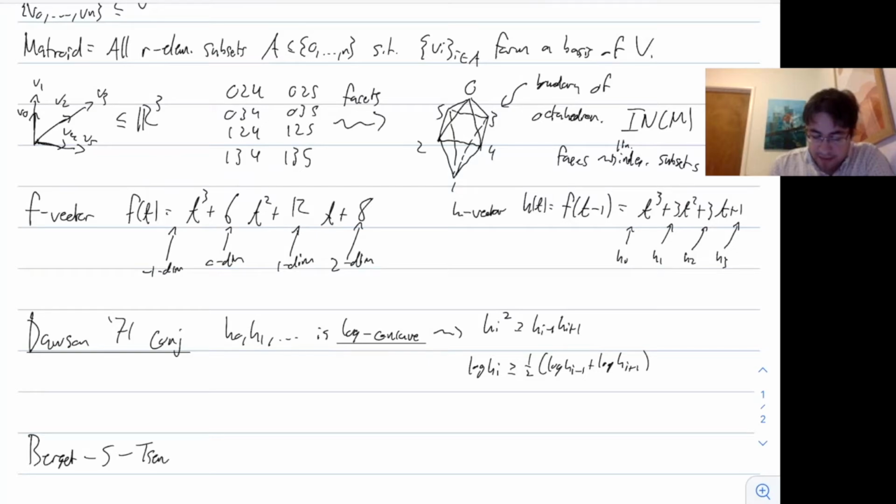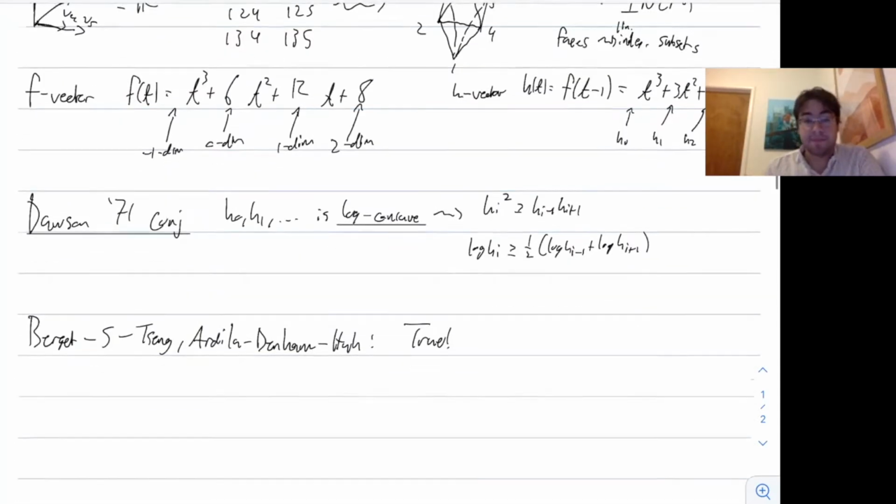Andy Berget, myself, and Dennis Tseng, and independently Ardila, Denham, and Huh show the following theorem that this is true. So the H vector is a log concave sequence.